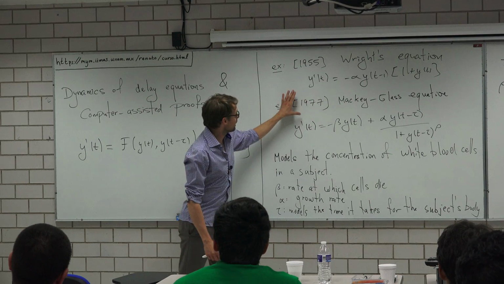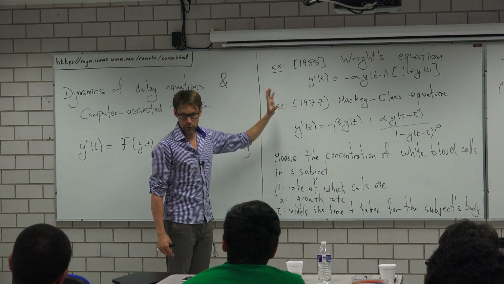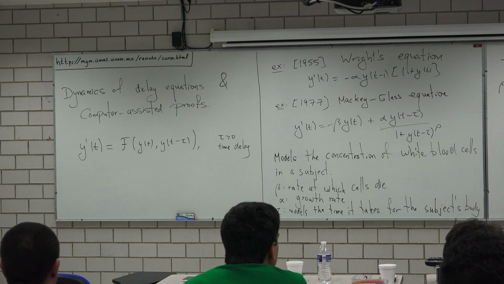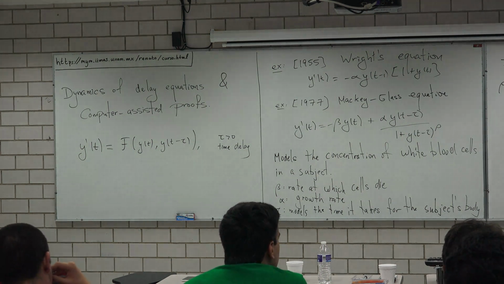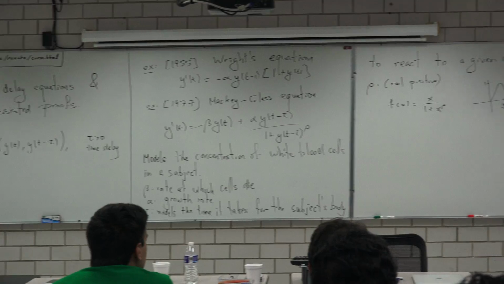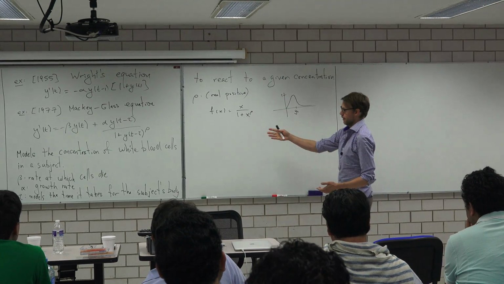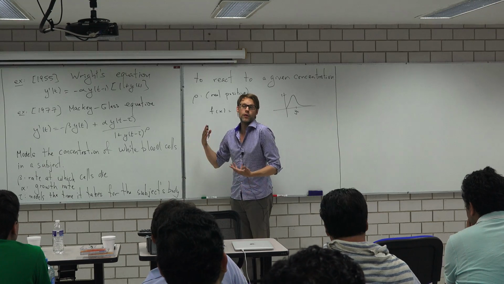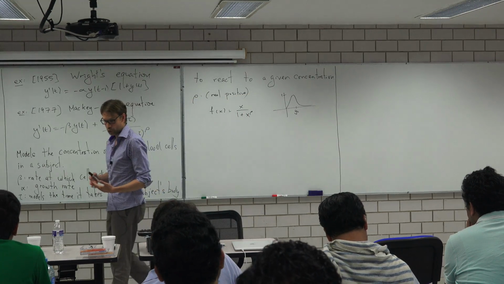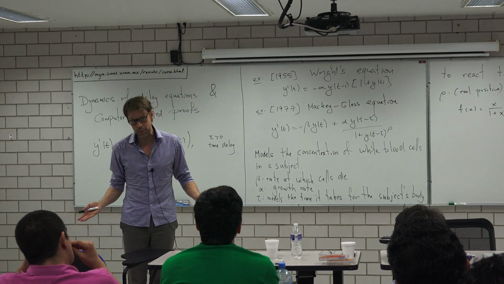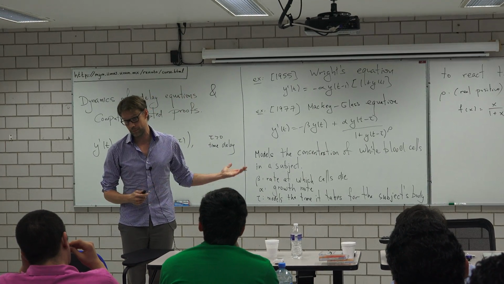So in 1977, Mackey and Glass, both from McGill, so they are colleagues of mine, and I have the luxury of being able to see them once in a while and talk about delay equations with them, published in Science a paper about oscillations in that system. And in fact, that's one of the first models that portrayed chaos in infinite dimensions. So up to now, it is still an open problem to prove existence of chaos for that model.